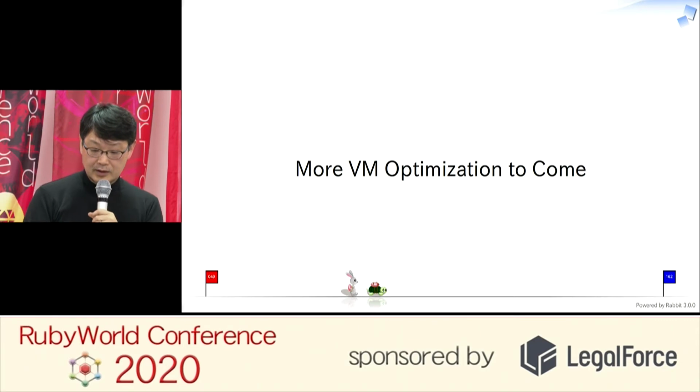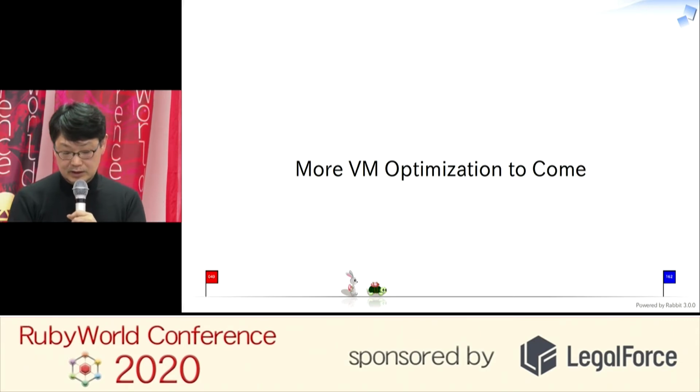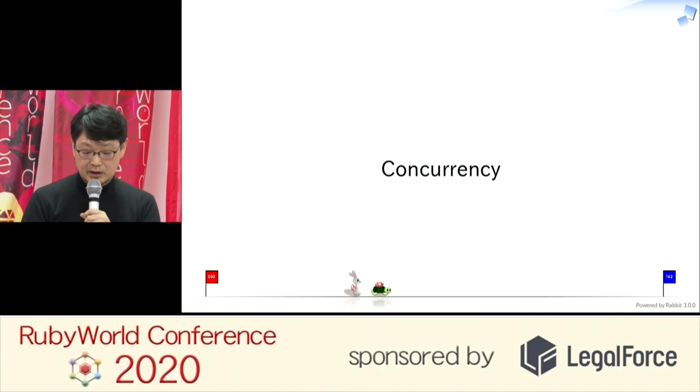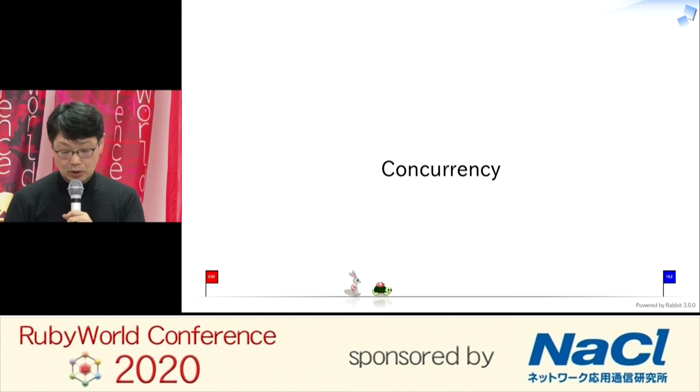But if you measure with a micro benchmark, you may see the speed is faster. Including virtual machine improvement, we have made many improvements. So for the future versions 3.1, 3.2, it's going to be faster and faster.